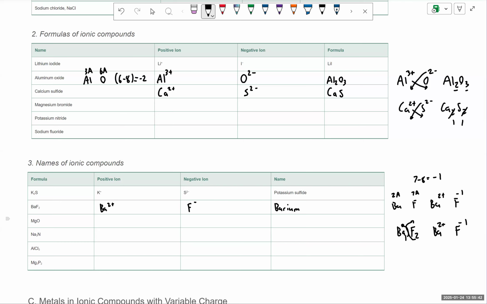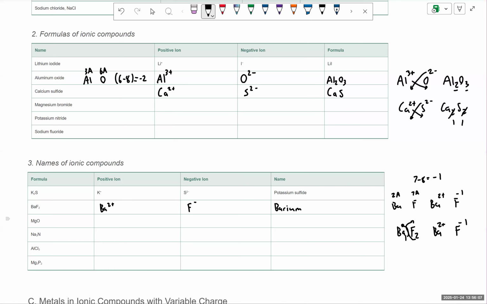Spelling is very important in chemistry because even small changes in the name... So barium. No, I spelled it correctly. Okay, perfect. Always have to check using the periodic table.